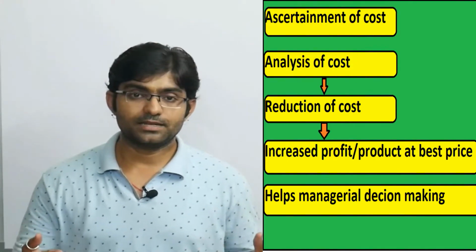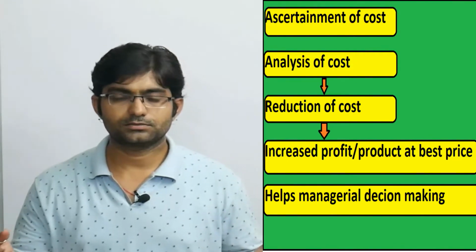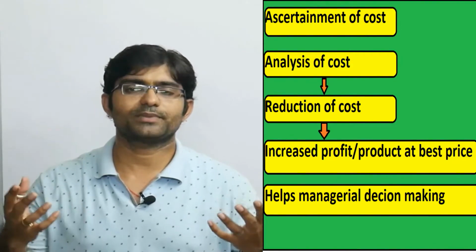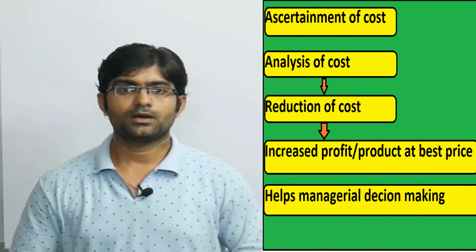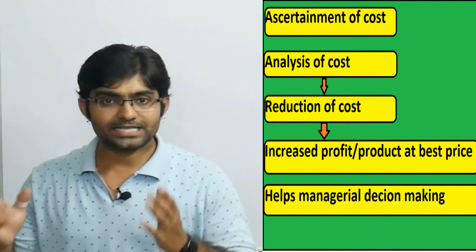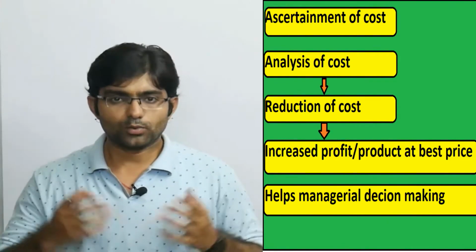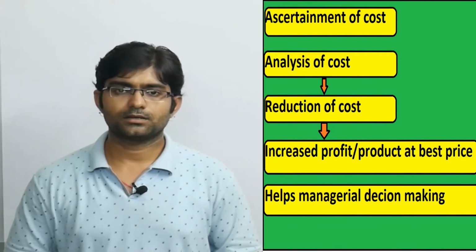There are definitions for costing, cost accounting and cost accountancy, but let us see what is the main essence. Costing helps in ascertainment of cost, that is computation and measurement of cost, and helps in analyzing the cost. What will we get from that analysis?